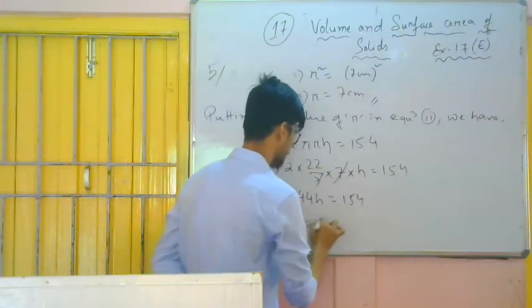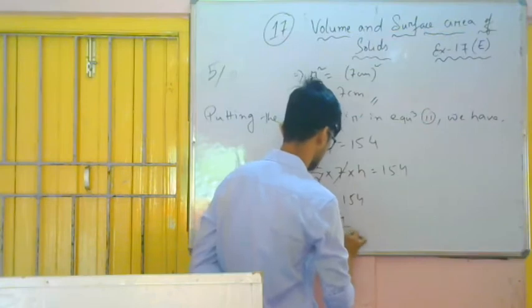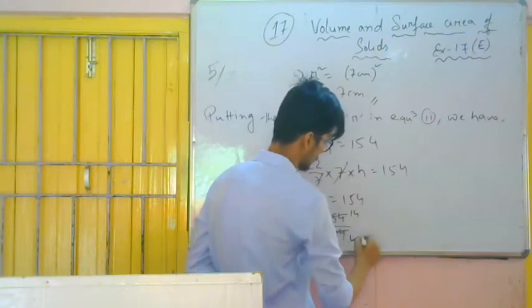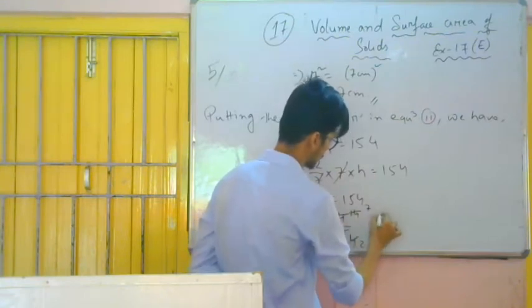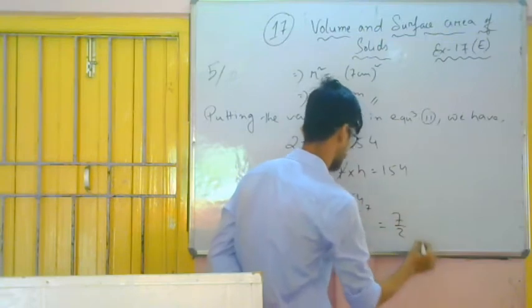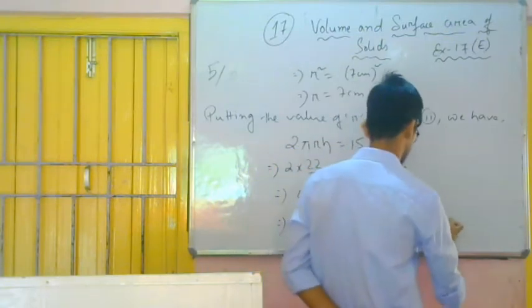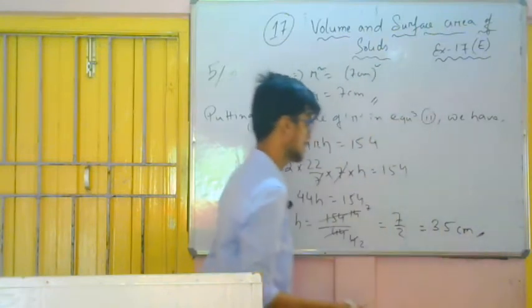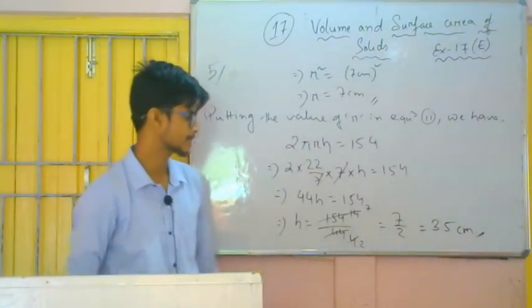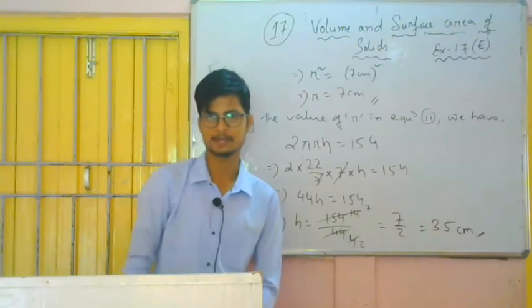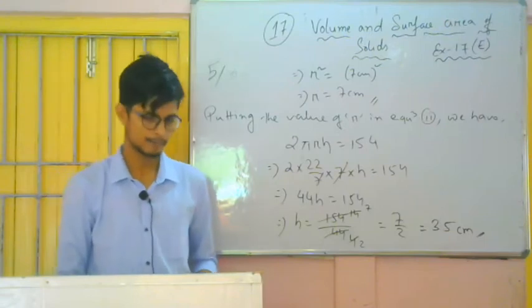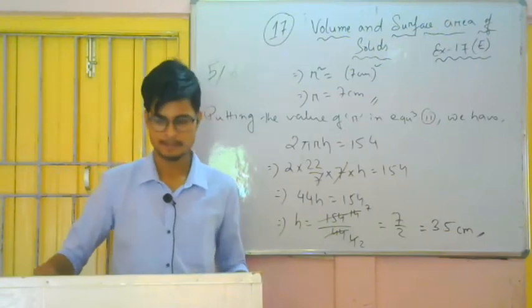This implies h is equal to 154 by 44, which is equal to 7 by 2, which is equal to 3.5 centimeter. So therefore the required height is 3.5 centimeter.